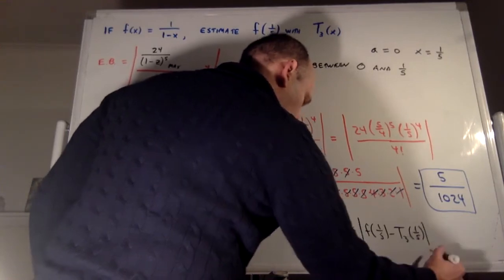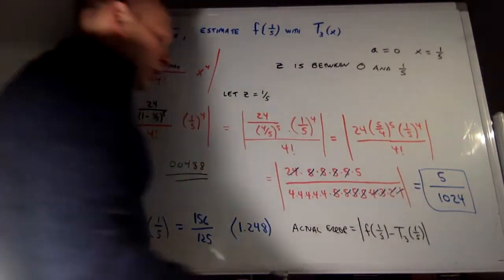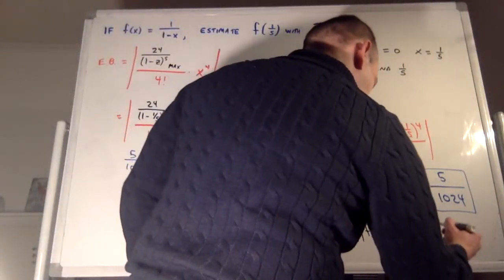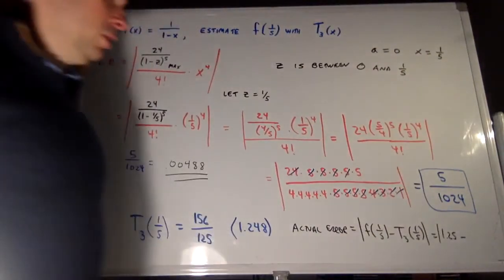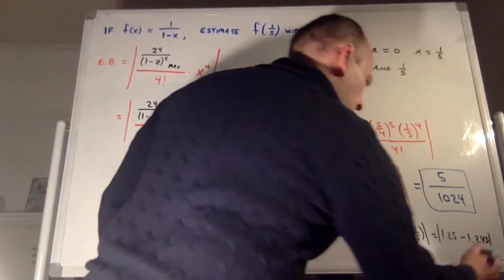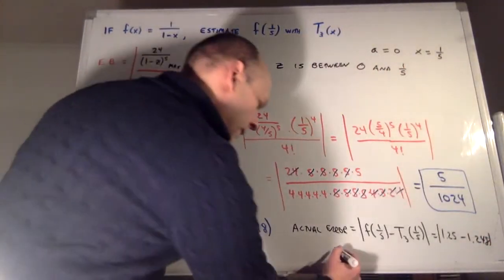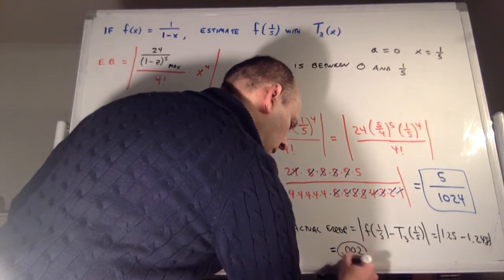Again, it doesn't matter the order if we put it in absolute value. f of 1/5 we know is 1.25, so the absolute value of 1.25 minus our estimate, which was 1.248. So the actual error here was 0.002. That's the actual error.